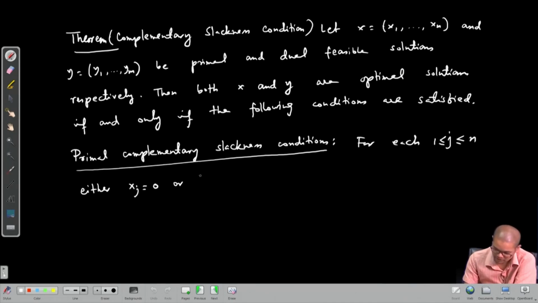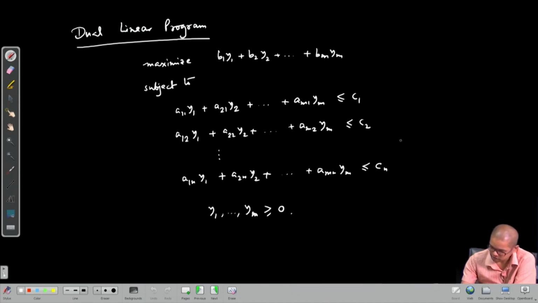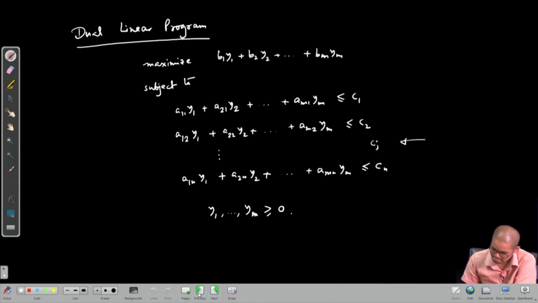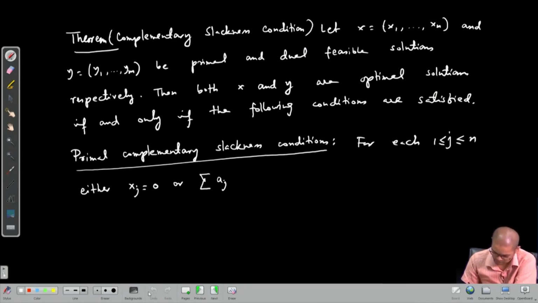That is, if xj is not equal to 0, the jth constraint corresponding to cj should hold with equality, or the summation of aij yi, i equal to 1 to m, will be cj. So these are the primal complementary slackness conditions.